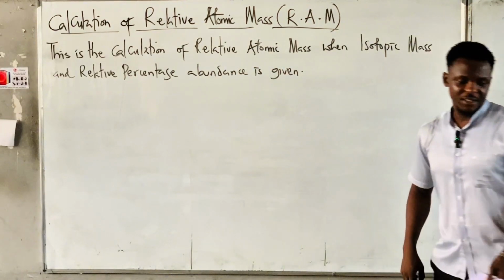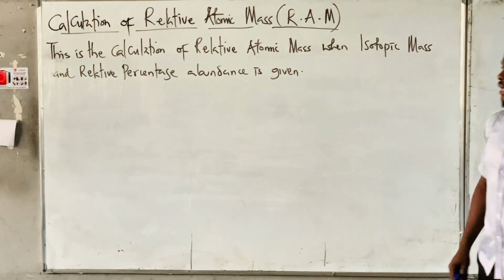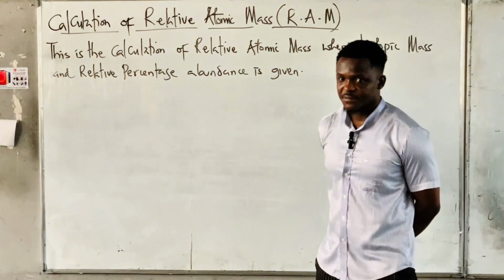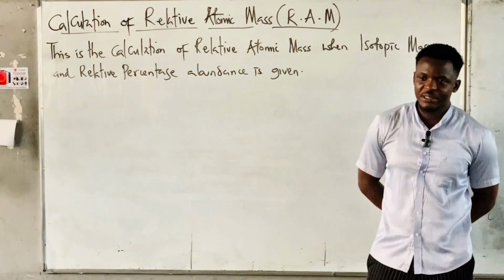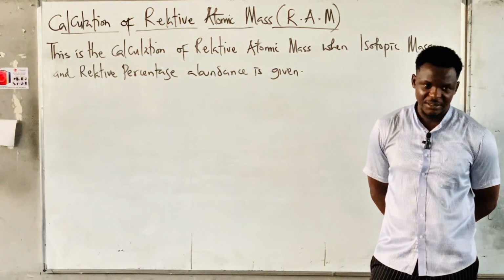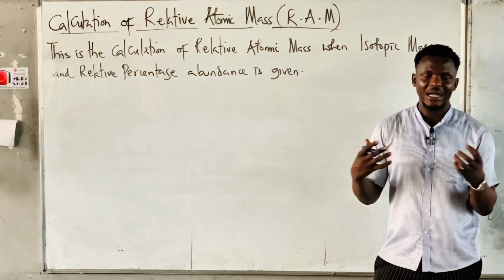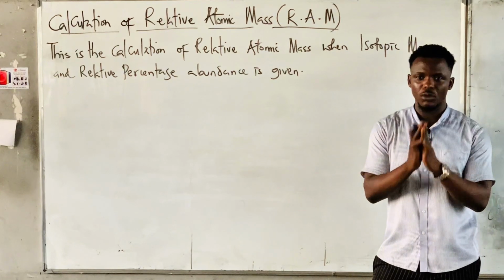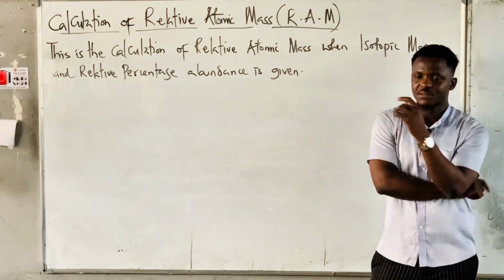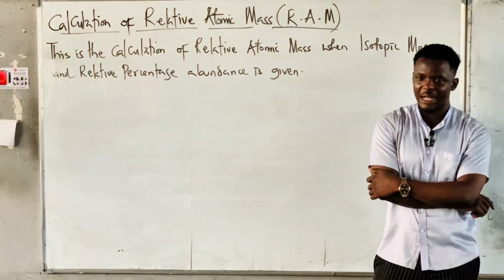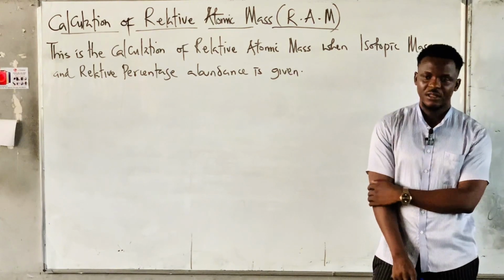All right, so we have this. Now, calculation of relative atomic mass. Most times, some textbooks will call it average atomic mass. This is basically where we combine the isotope mass of both of them to get just one molar mass. Like someone had asked me earlier that chlorine has a molar mass of 35.5. Yes.